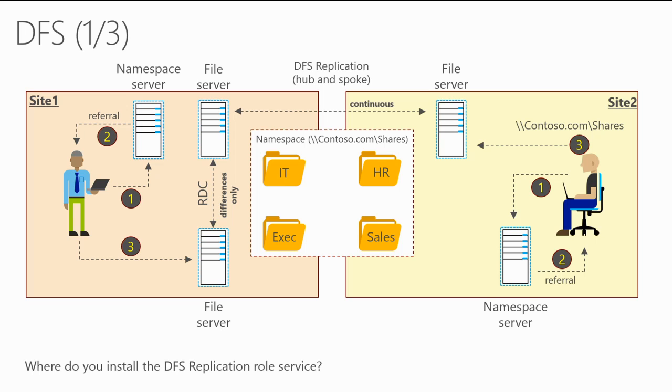File server. And then, I think you guys know this one. Is this a standalone namespace? No, domain. So the easy way to pick that out is if you have the domain name in the UNC path, it's automatically a domain-based namespace. So a standalone namespace would be a host name, a single label, single name host name.